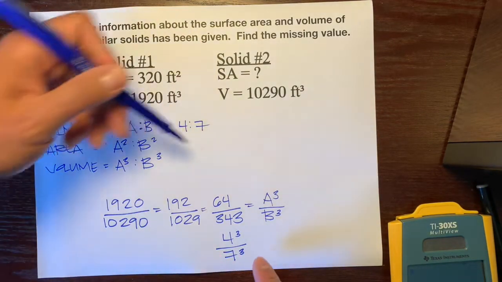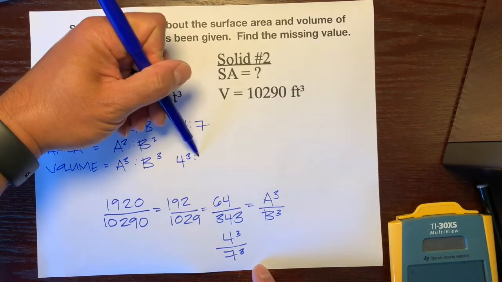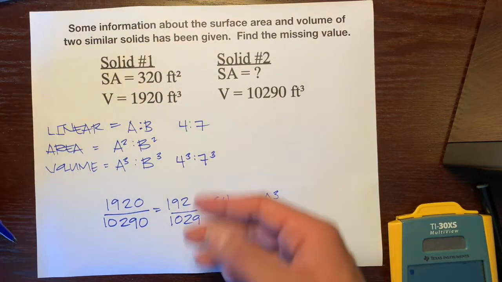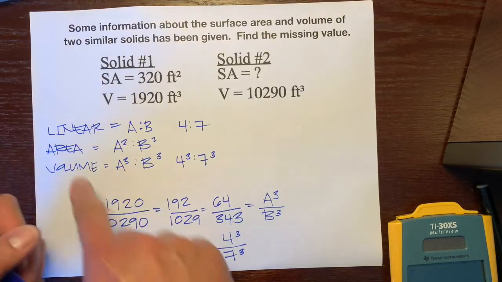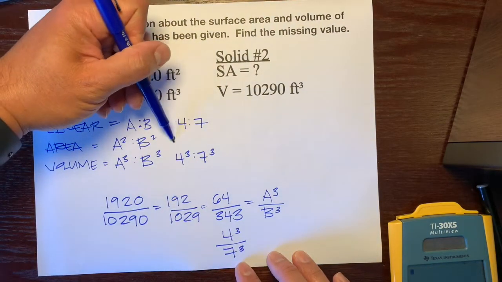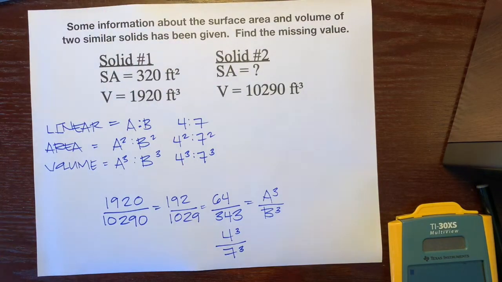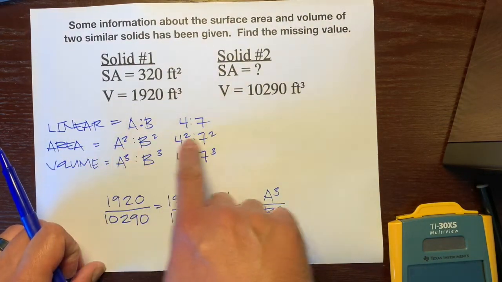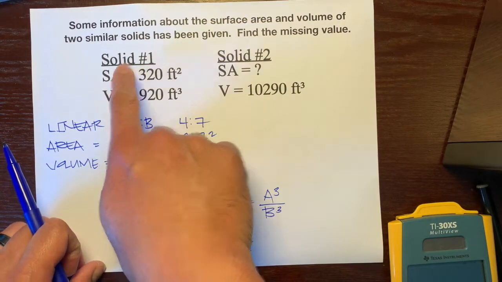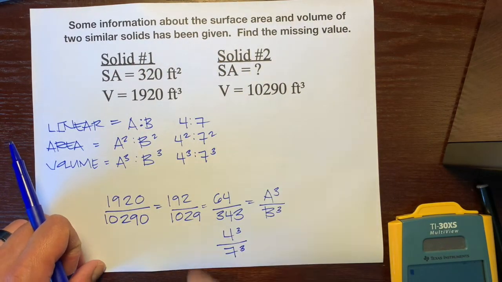The volume scale factor is 4 cubed to 7 cubed. And if you see a pattern, the area scale factor would be 4 squared to 7 squared. We're going to use this area scale factor to help us find the surface area of the second solid.